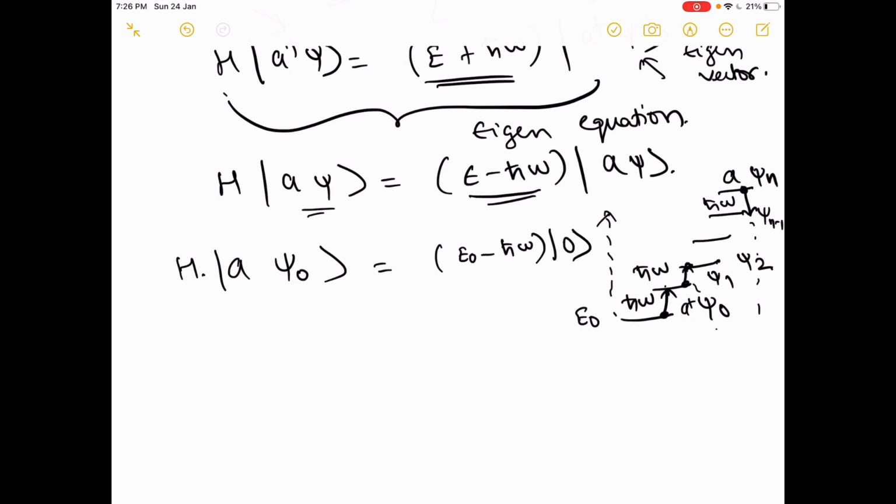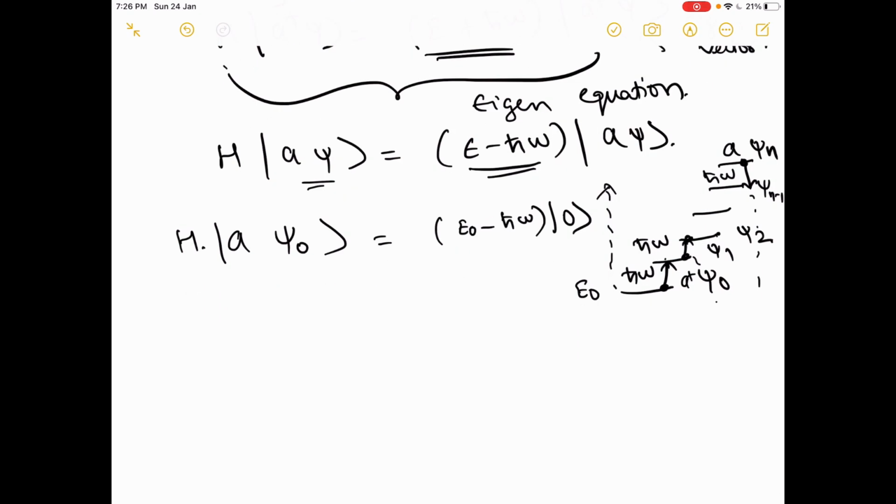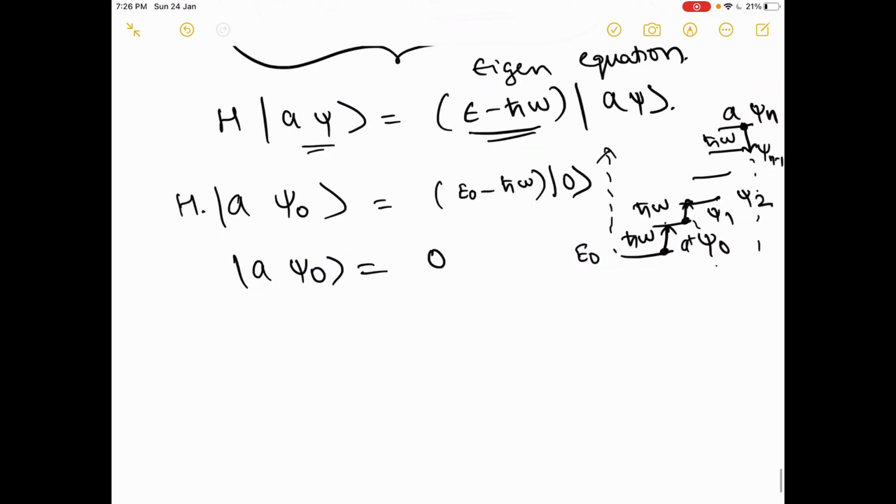So A psi naught has to be a zero state. This is much easier to solve than the original Hamiltonian, and hence we have defined two operators, A dagger and A, such that you come to this reduced problem.